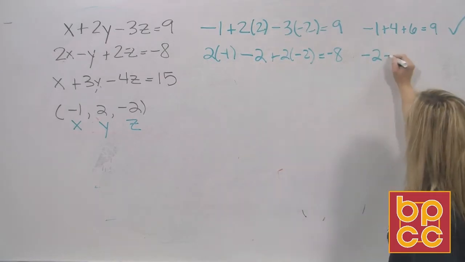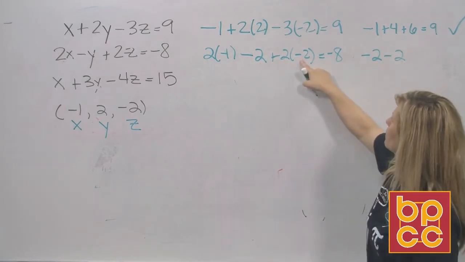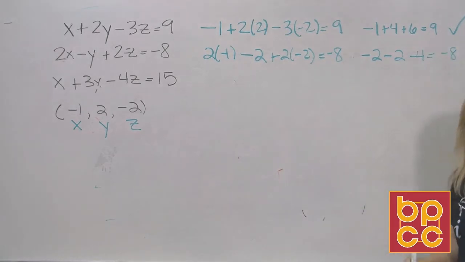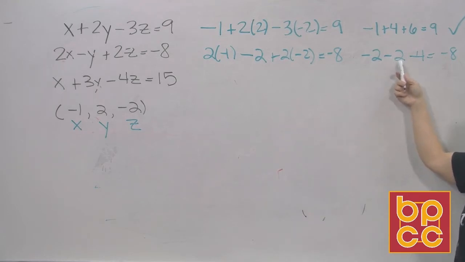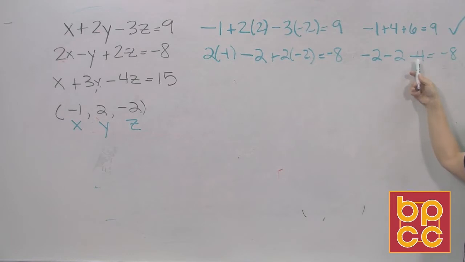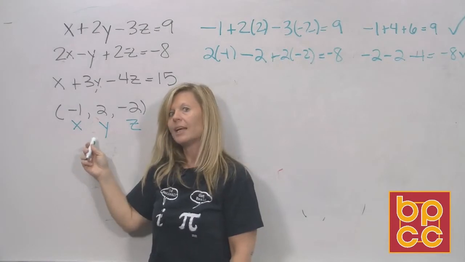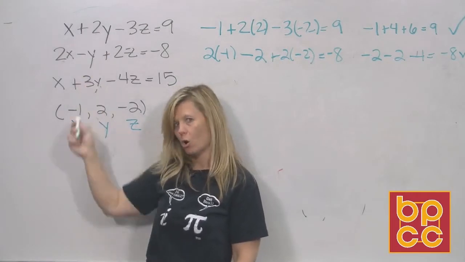This is a -2. 2 times -2 is -4. Does that equal -8? Well, all three negative numbers are negative, so you would add them. -2 and -2 add to -4. -4 and -4 adds to -8. That checks. But it's still not the solution until you're guaranteed it works in the whole system.